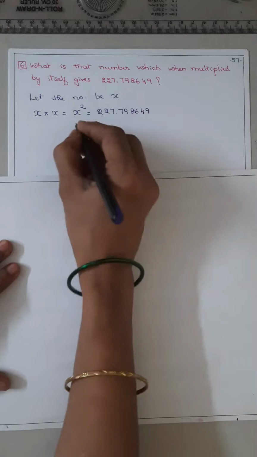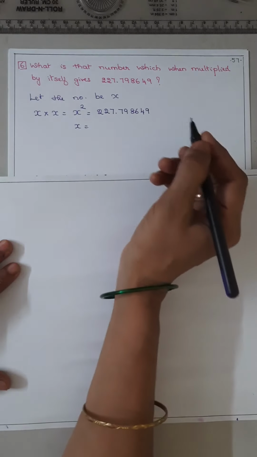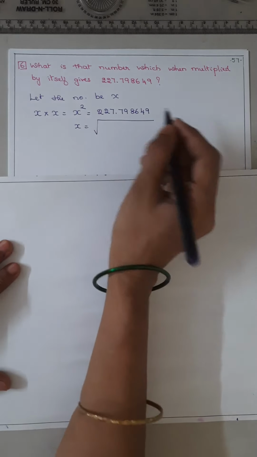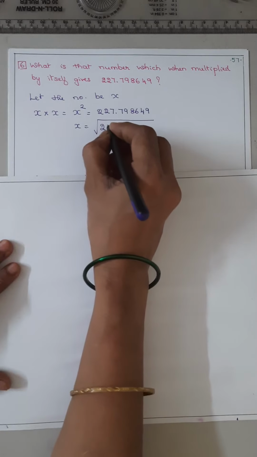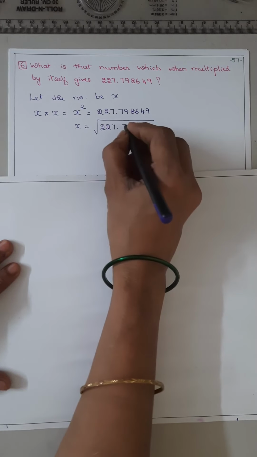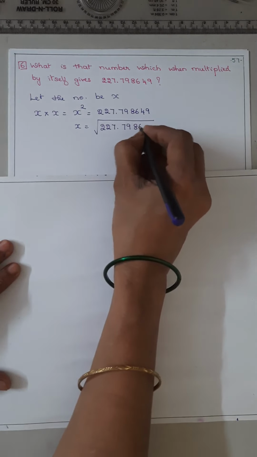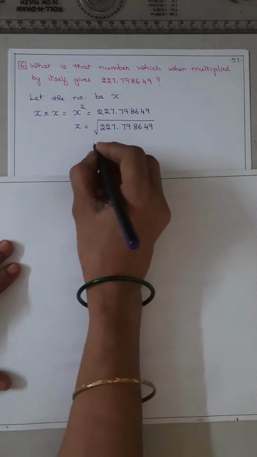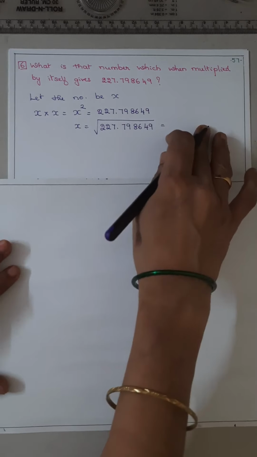That means x is equal to square root of 227.798649. Find out the value.